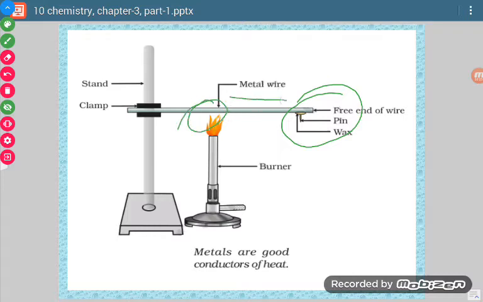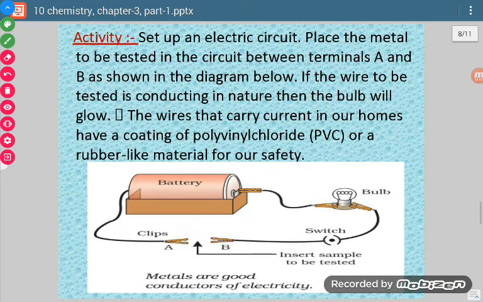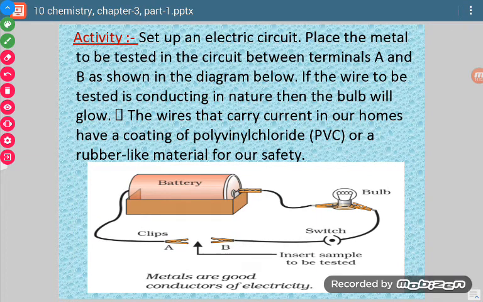Now heat will travel from this end to that end, and as soon as it reaches the wax, the wax will melt, and after the melting of wax, this pin will fall. So it means heat has traveled from this end to this end, and this means that it is a good conductor of heat.